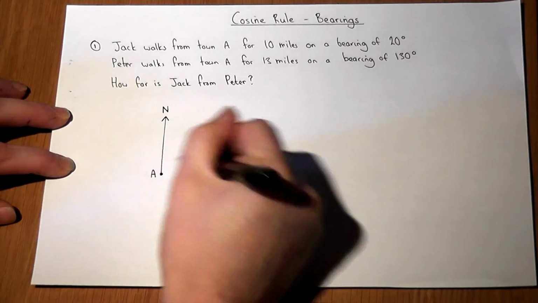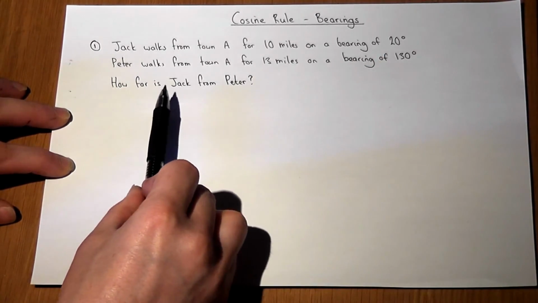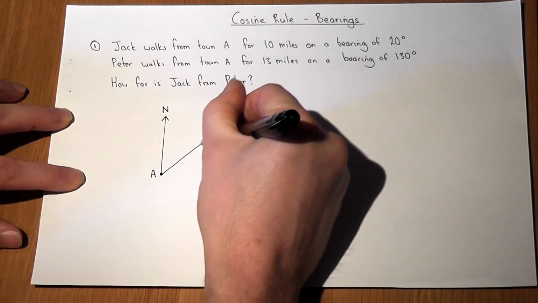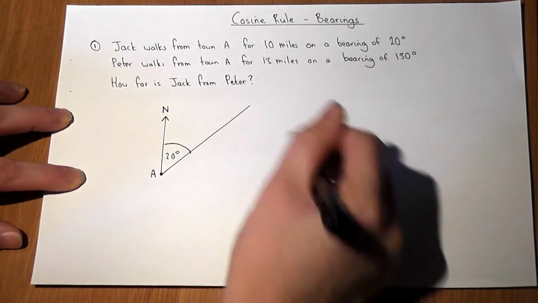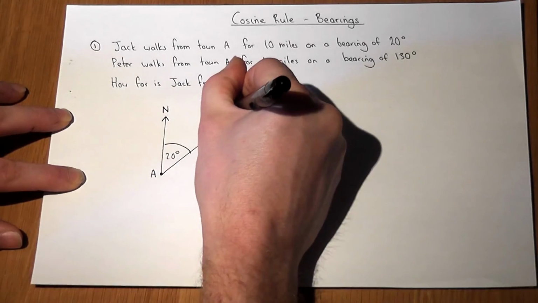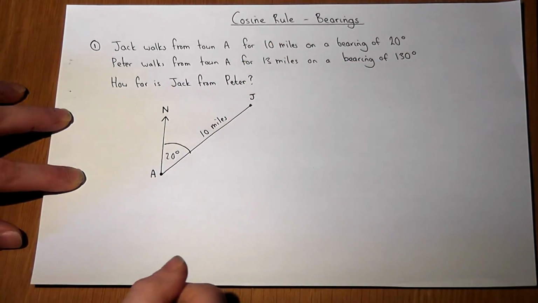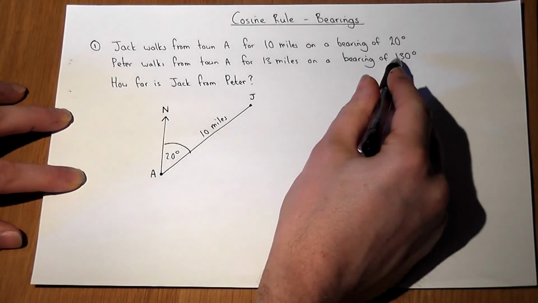So Jack walks from town A, and a bearing is an angle clockwise from north. So as a sketch, he walks an angle of 20 degrees and he walks for 10 miles. So that's where Jack ends up. Now Peter walks further on a larger bearing.